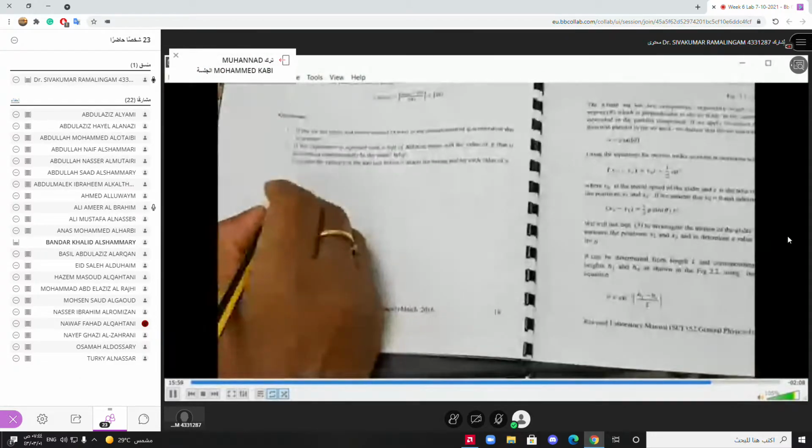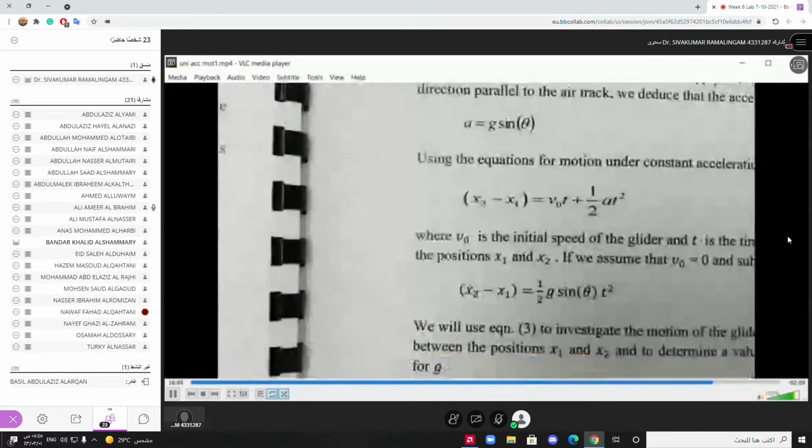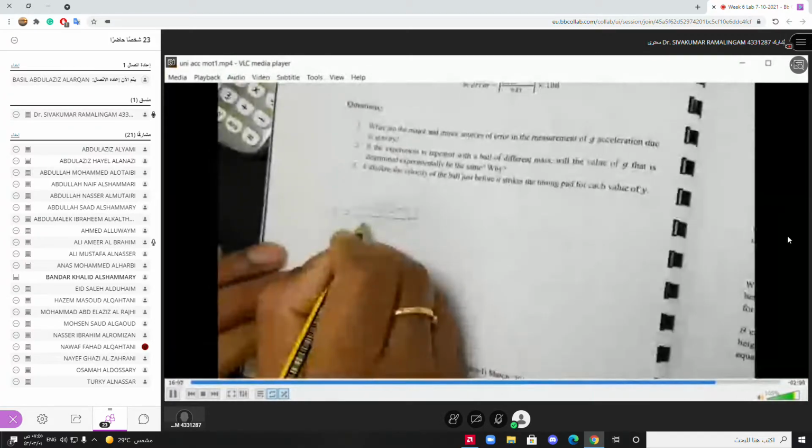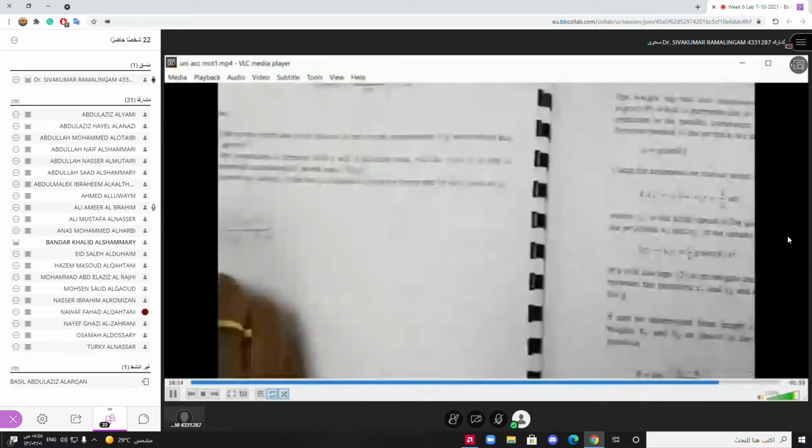Now let me get this value g. G value is equal to 2 into x2 minus x1 divided by sine theta t square.